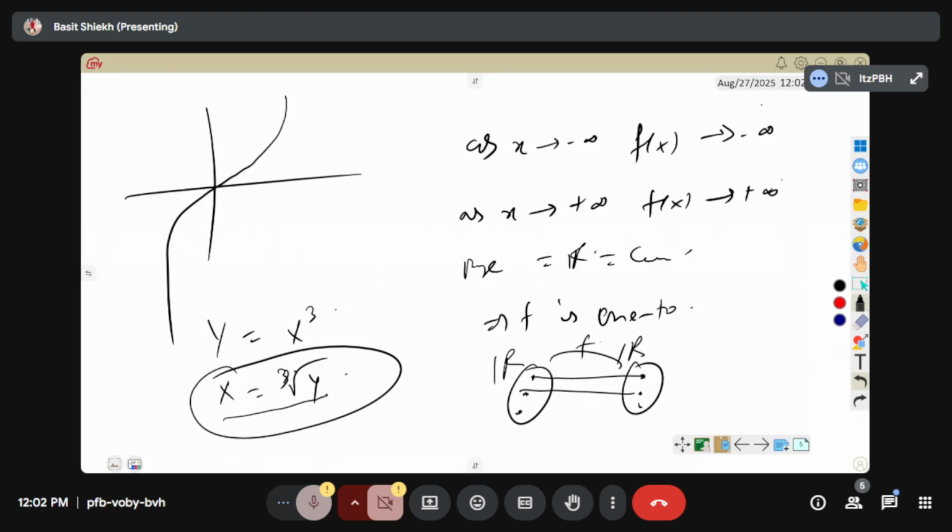So it's onto. Cube root, fifth root, seventh root are defined for all real values of the inside function. If it is square root or fourth root, it's not defined for some values. Both methods I have shown that it is an onto function.